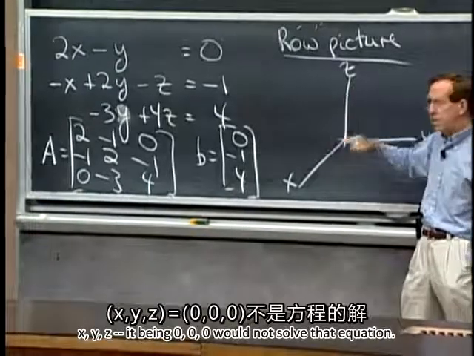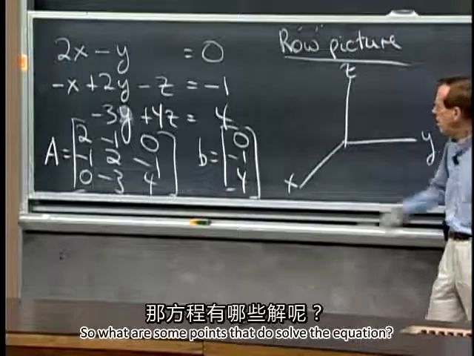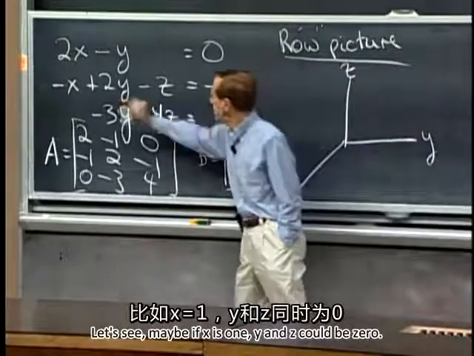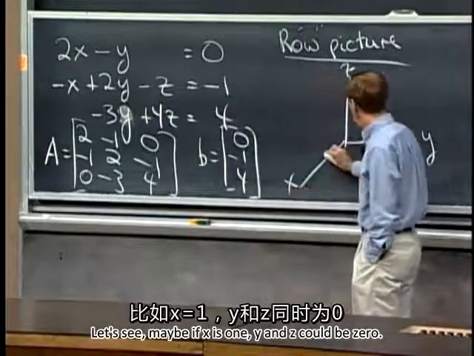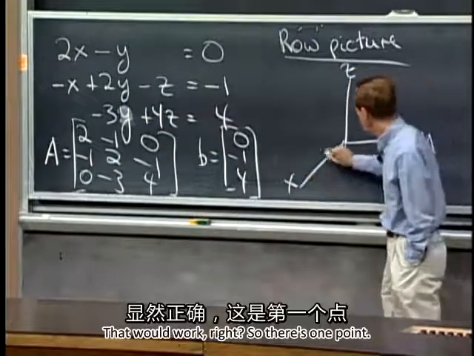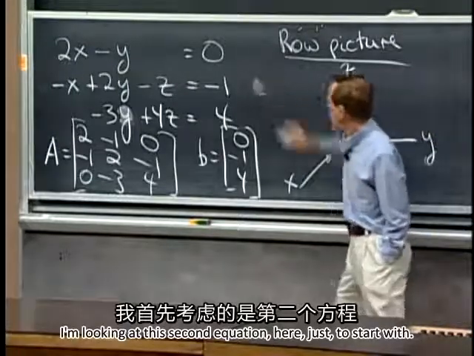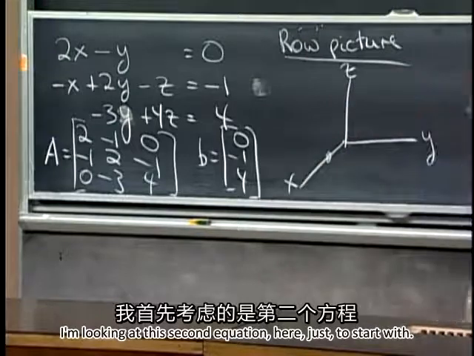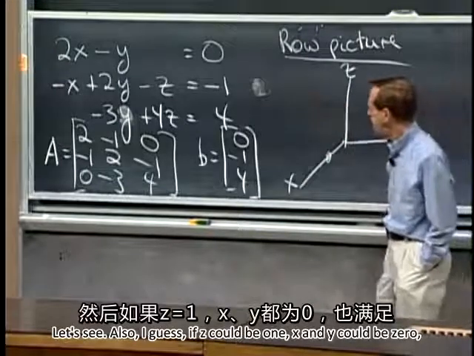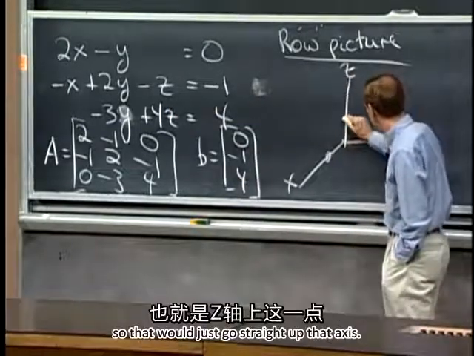X, y, z being 0, 0, 0 would not solve that equation. So what are some points that do solve the equation? Let's see, maybe if x is 1, y and z could be 0. That would work, right? So there's 1 point. I'm looking at this second equation here just to start with. Also, I guess if z is 1, x and y could be 0, so that would just go straight up that axis.